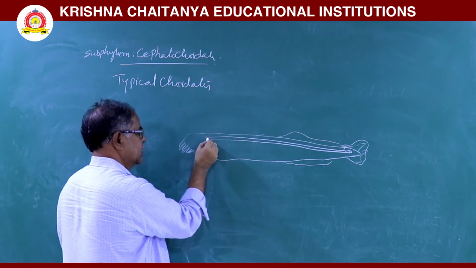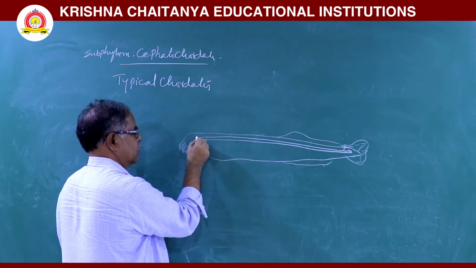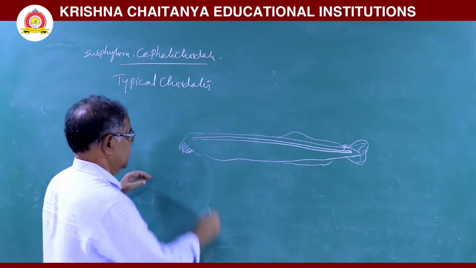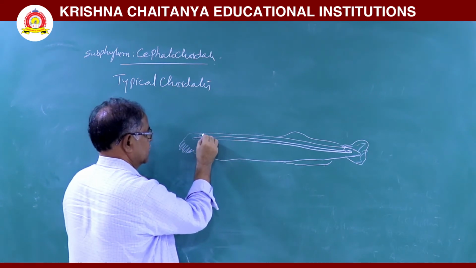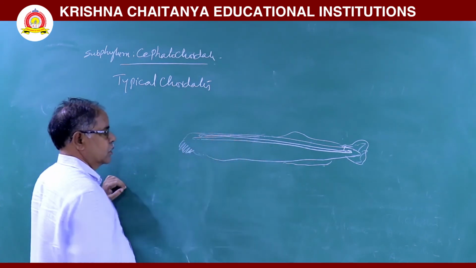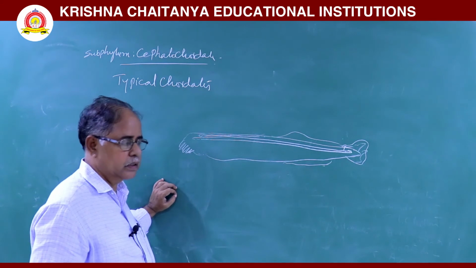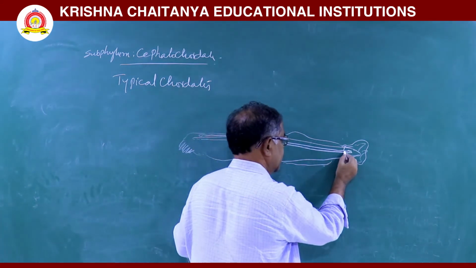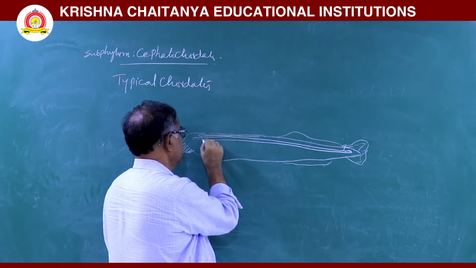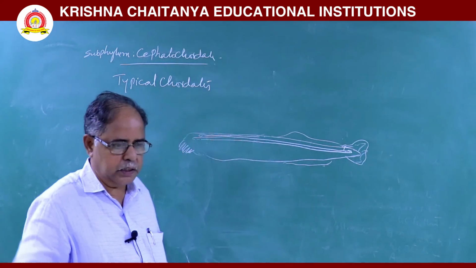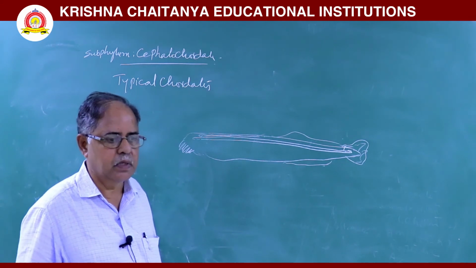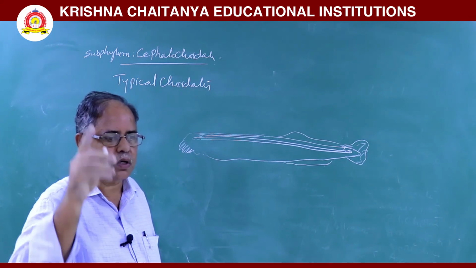That too, it extends beyond the nerve cord. Here the nervous system is there, and the notochord extends beyond the nerve cord. It protrudes into the head. That's why this subphylum is named Cephalochordata.